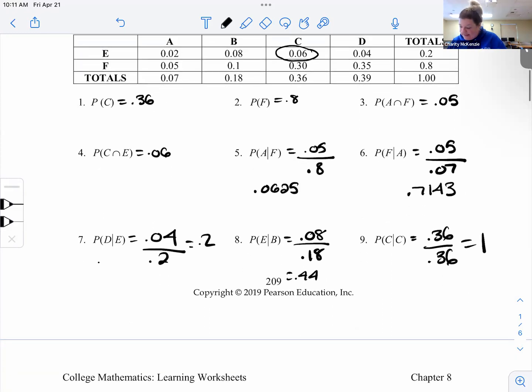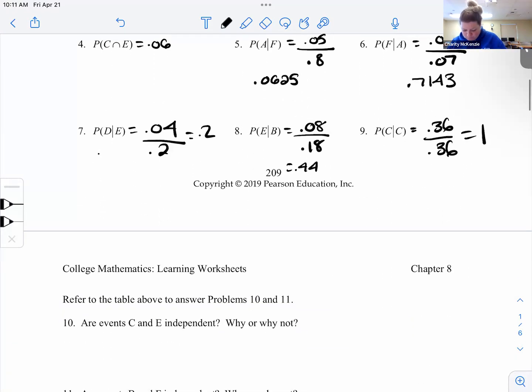So when it asks if they are independent, well, the event of the first will not affect the other. So what's our rule for that?